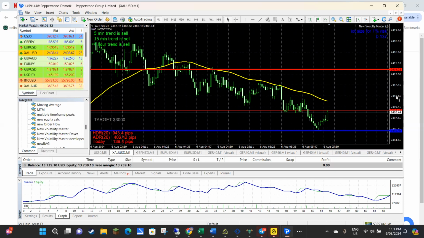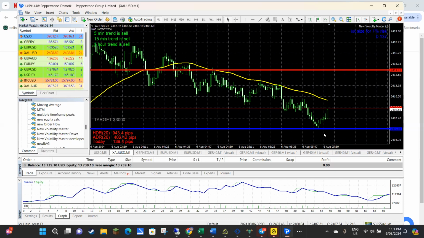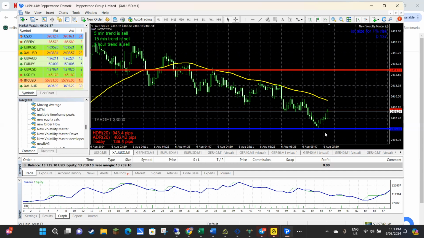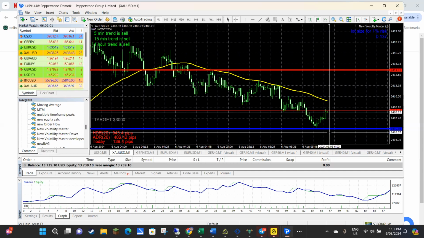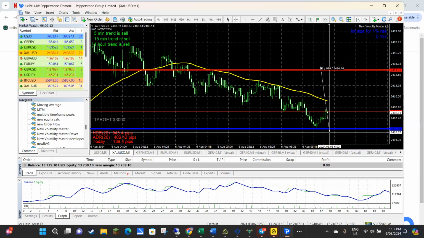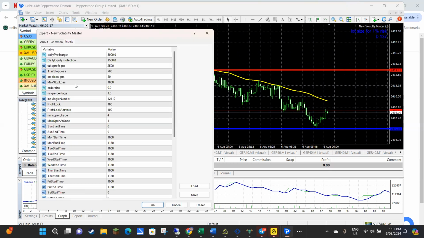Now, if the software placed a sell order, it would place it about here. So it'd have to break below. It would place the stop loss a little bit above the range, so about there. And that is 940 points. And in this case, we've got the maximum stop loss set at 1,000.